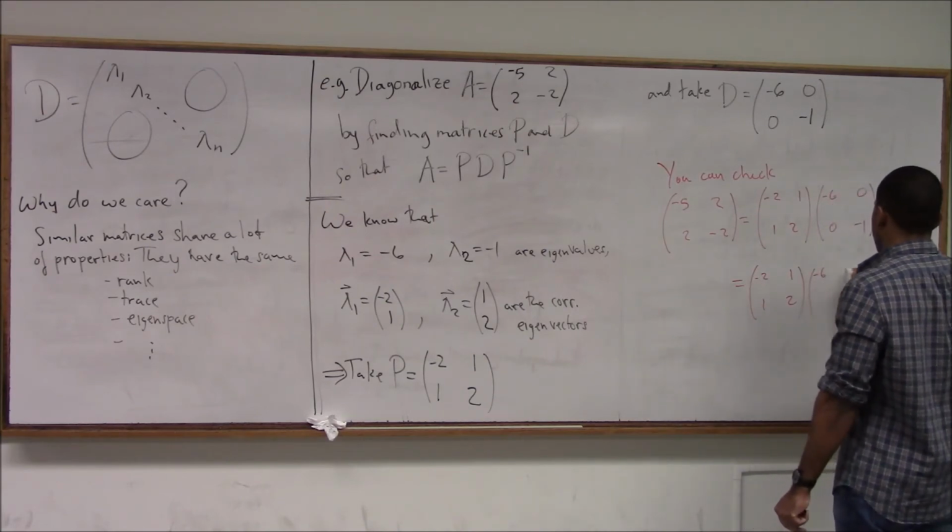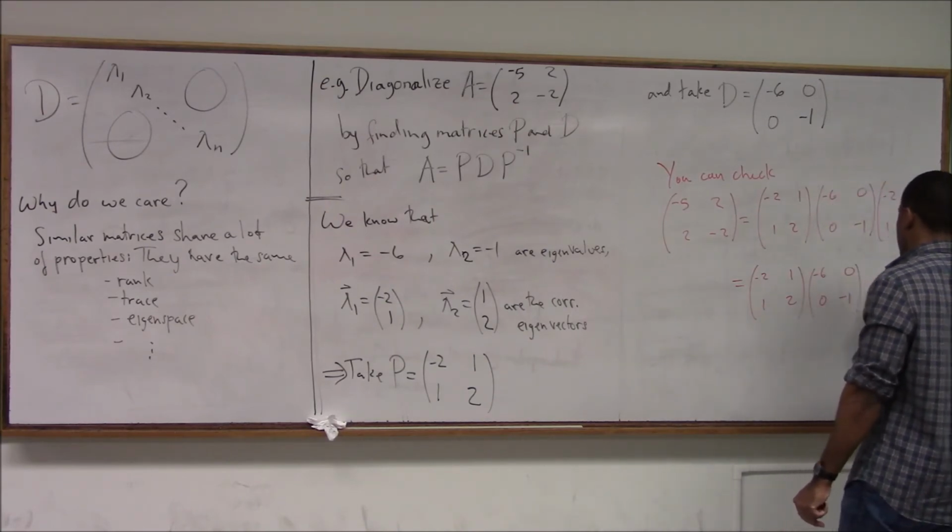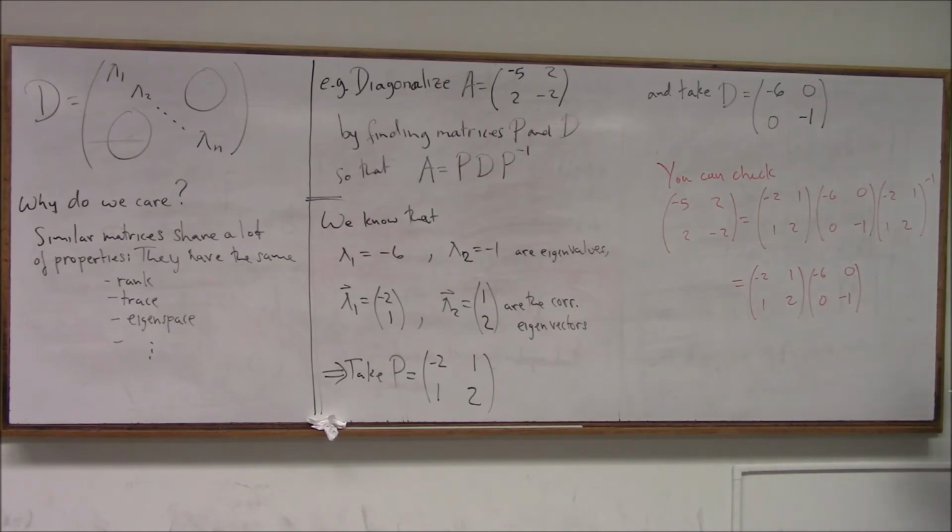What's the inverse of the 2 by 2? It's 1 over the determinant, right? Which is minus 4 minus 1, minus 5.